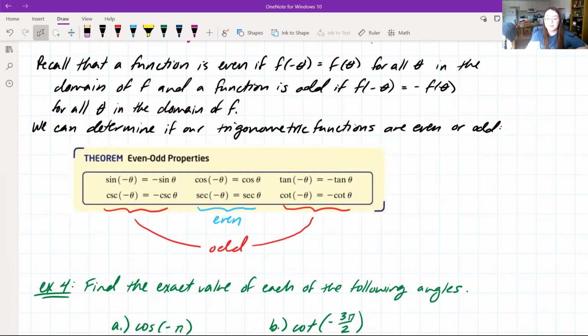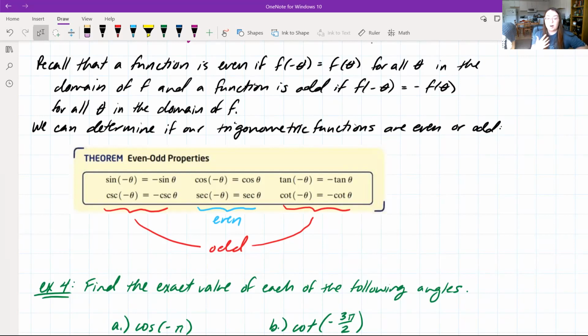So we say the function is even if the value of your function with a negative theta is the same value as your function with a positive theta, and it's odd if your function of a negative theta is equal to negative function of theta. So we can determine if our trigonometric functions are even or odd, fairly straightforward.